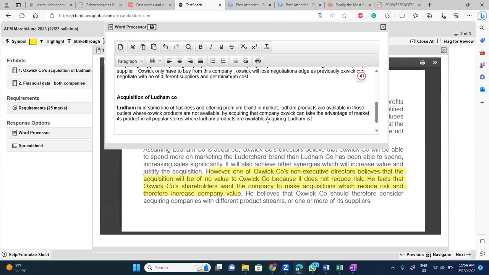Acquiring Ludum is a horizontal integration, which will result in benefits of economies of scale, reduction in cost, greater market share, and exerting more power in the soft drink market. Okay, that's the best way to answer.